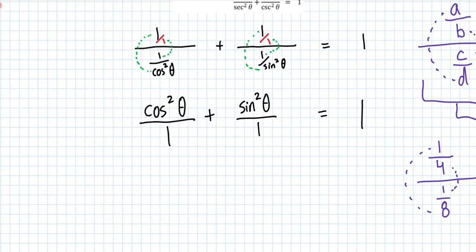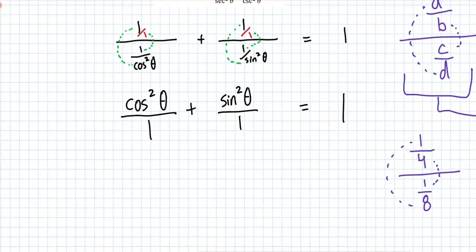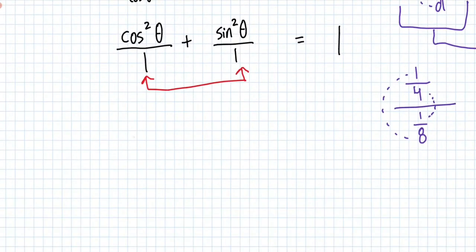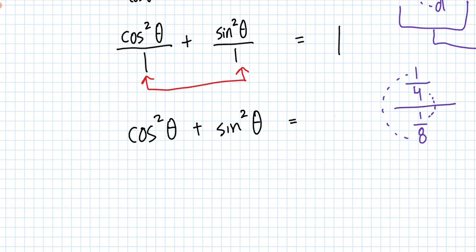Okay, so it's a quick little algebra trick to simplify equations. Because these denominators are the same, and they're both 1s, we can collect like terms, and we can write this as cosine squared theta plus sine squared theta equals 1.